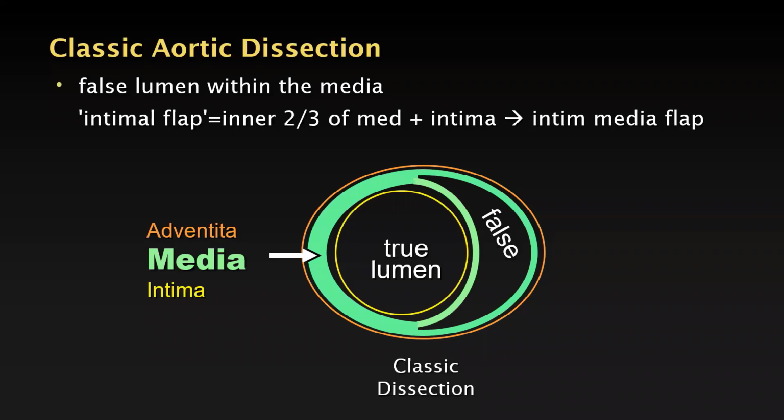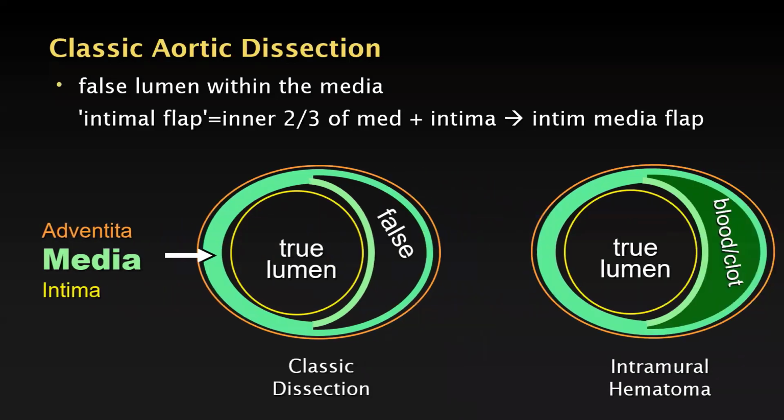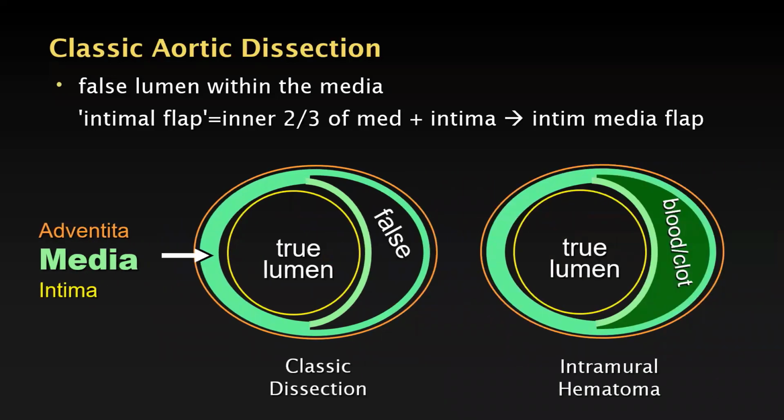And again, the assumption is that, as with classic dissection, we have a similar situation in this particular patient, because these patients also have a similar underlying media disease. So you have to have cystic media necrosis. You have to have a potential space within the media so that that space can, in fact, get delaminated.